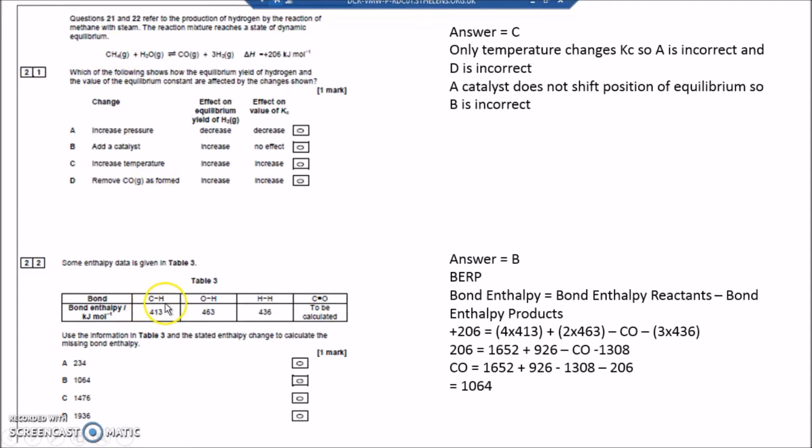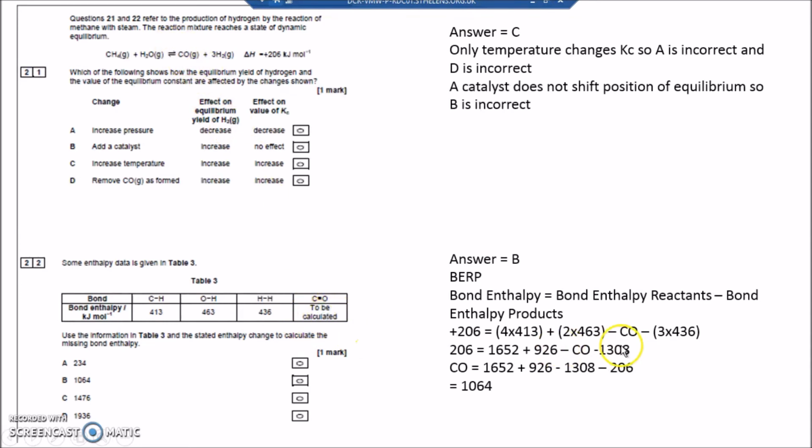Well, a carbon to hydrogen bond is 413, and there's 4 of them, so 4 times 413 to represent those 4 bonds in CH4. An OH bond is 463. In H2O there's an O to an H and another O to an H, so there are 2 OH bonds, which is why I've got 2 times 463. Now the products, take away the bond enthalpy of the products, so I've got to take away carbon monoxide, a carbon to oxygen bond.